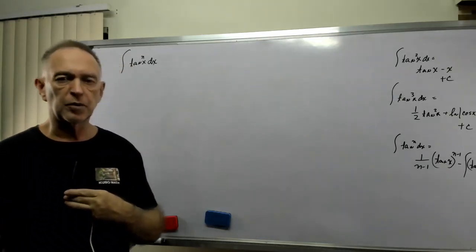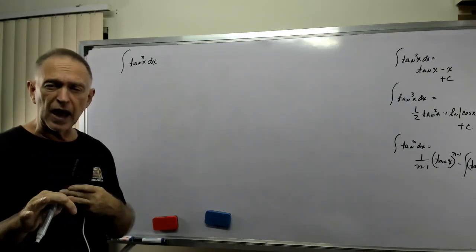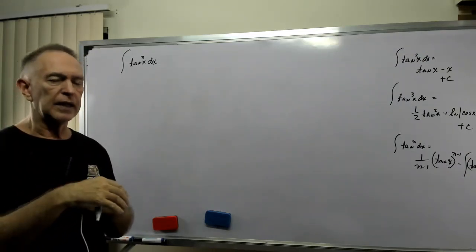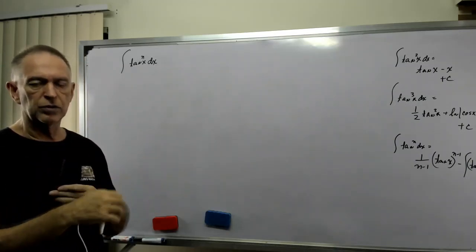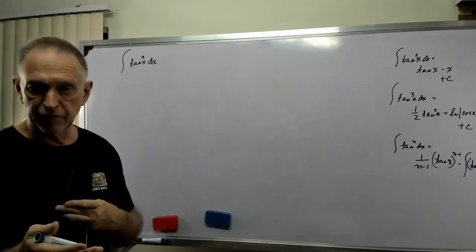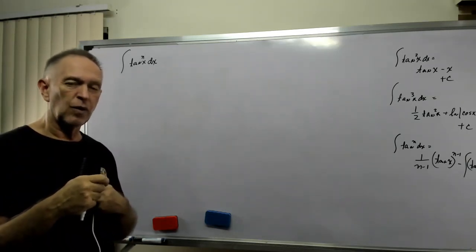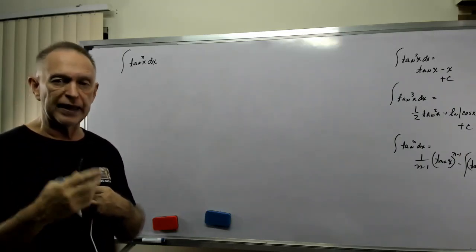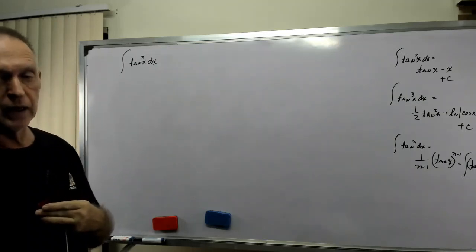Hey guys, Dr. Brown here, and tonight we're looking at, I think, the 9th video where we're taking a trig function, raising it to the second power, and taking the integral, then taking the integral with that trig function raised to the third power. But then we thought, why don't we just raise that trig function to the nth power, and then we can plug in whatever value for n we want.